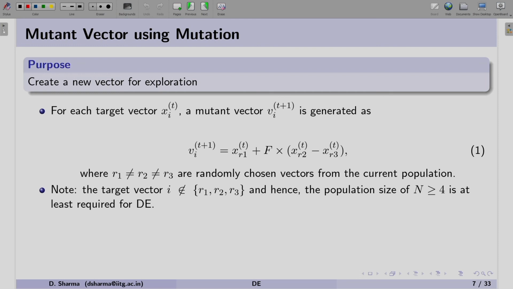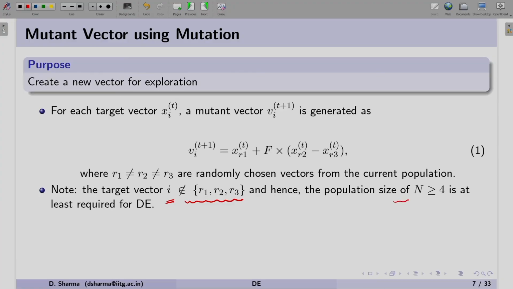While selecting R1, R2 and R3, basically 3 random vectors, we have to make sure that none of them is the same as our target vector. Therefore, if we want to start differential evolution, we need at least 4 members to start with.